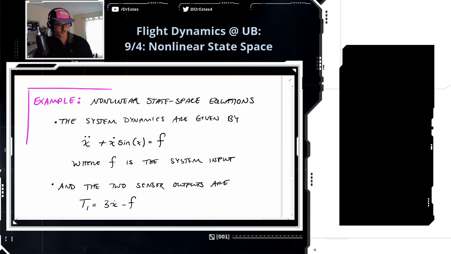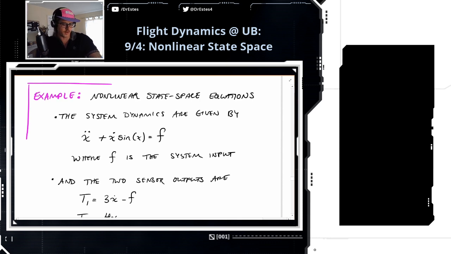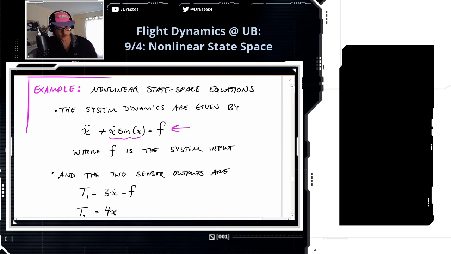So we have a nonlinear state space equation. Okay, these are my system dynamics. It's a second order differential equation, and right here I can see it's going to be nonlinear because it has an x dot times the sine of x. That's just something I noticed right away.